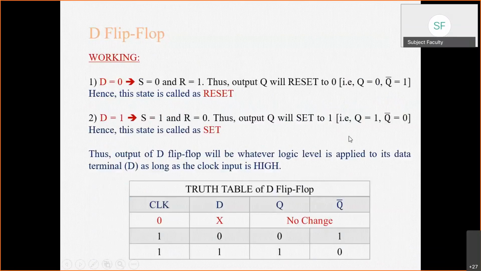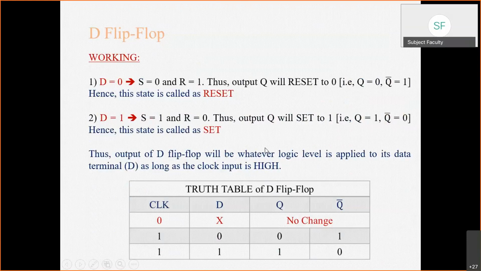So I will just wait on this particular slide for a couple of minutes. Just go through it. If you are having any problem, then you can write it in the chat box, or you can unmute your mic and ask. Okay.